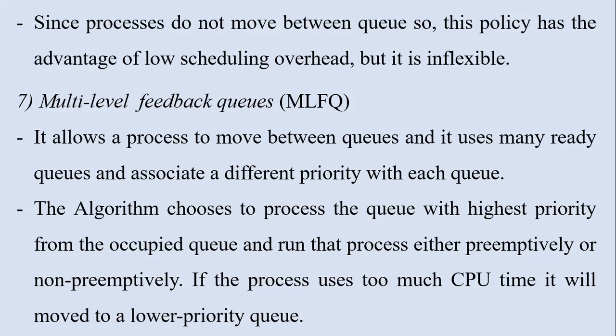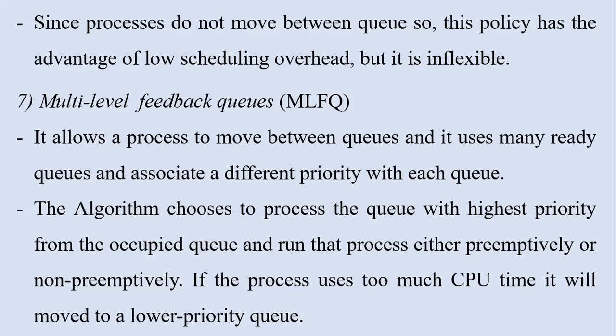It allows a process to move between the queues, and it uses many queues and associates a different priority with each queue. The algorithm chooses to process the queue with the highest priority from the occupied queues and runs that process either preemptively or non-preemptively.